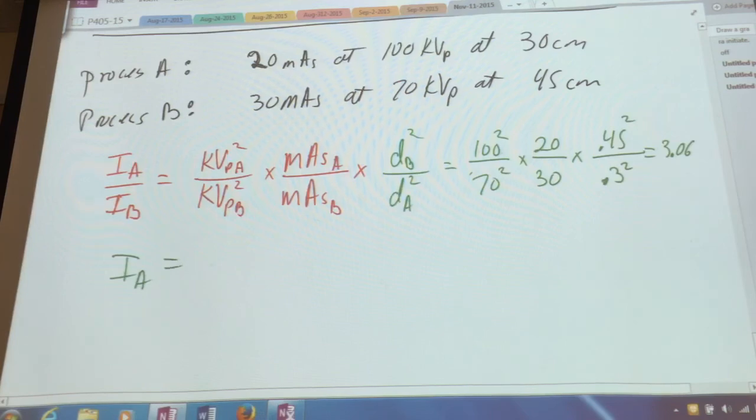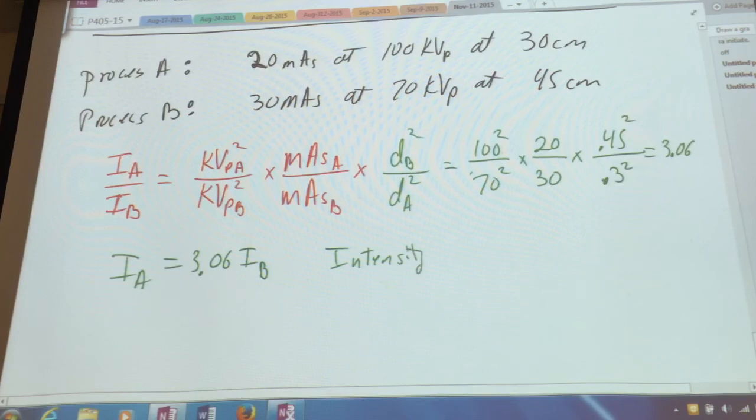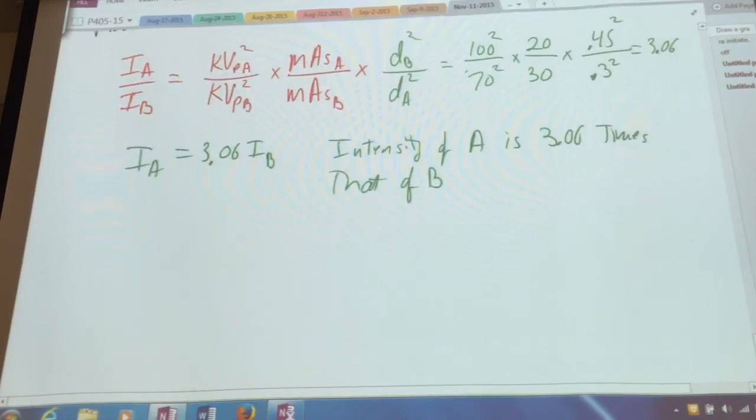Intensity A is 3.06 times the intensity B. How do we express this in percentage? 306%.